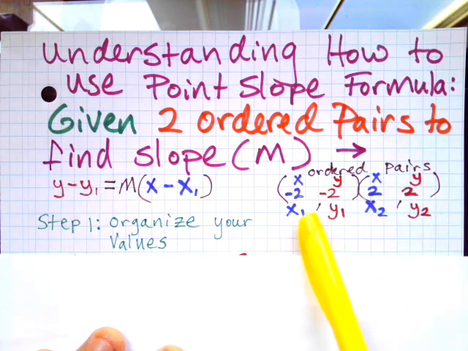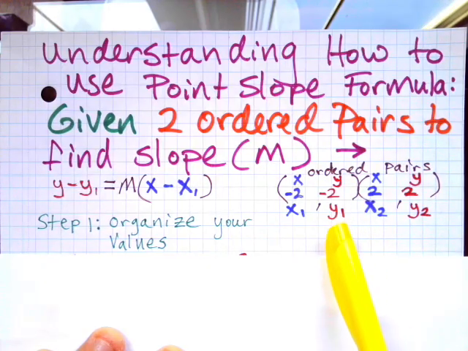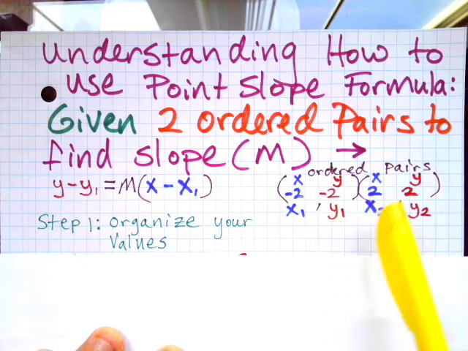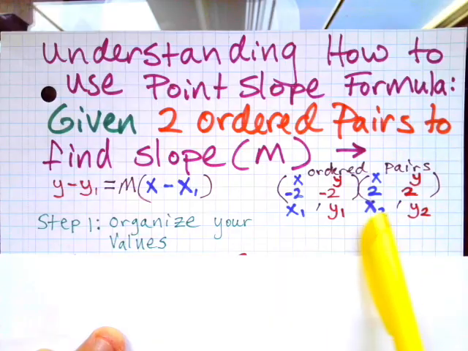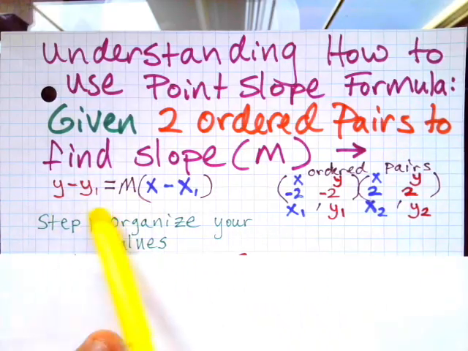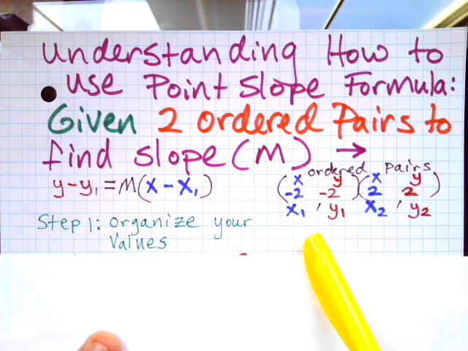And since this is my x1, this has got to be my y1 value. -2 is my y1 value, which automatically makes this one my y2 value of 2. So I want to organize these values because I'm going to be substituting them into the formula so I can solve and determine what my slope is.